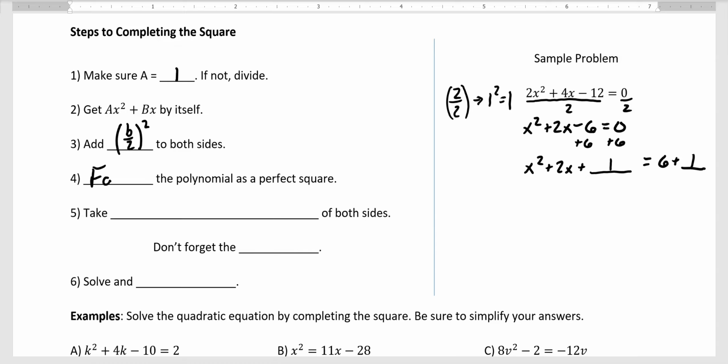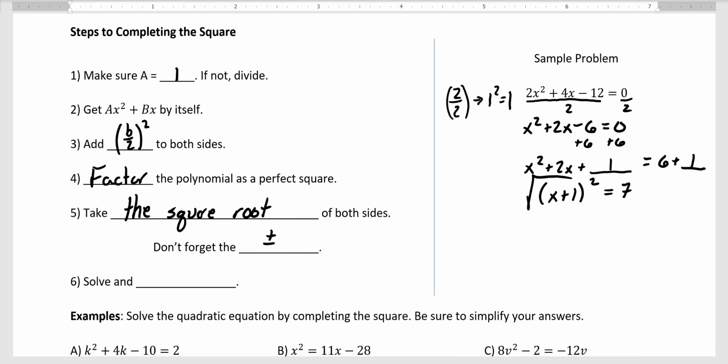Now I'm going to factor the left side of the polynomial as a perfect square. So x squared plus 2x plus 1 I can factor as x plus 1 squared. And in this case it equals 7. Now I'm going to take the square root of both sides, and be sure, don't forget the plus or minus here.